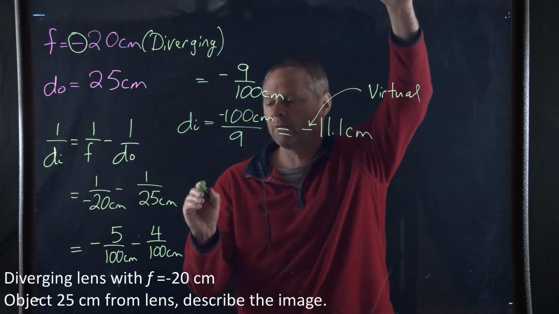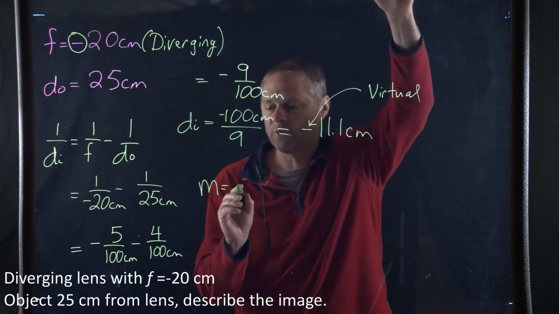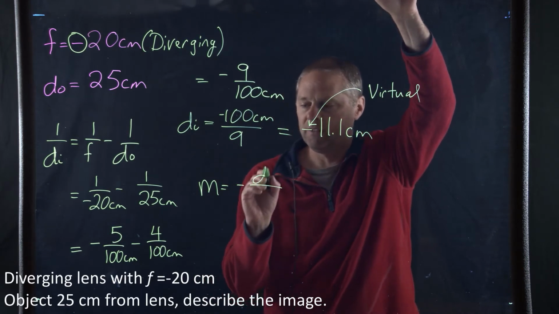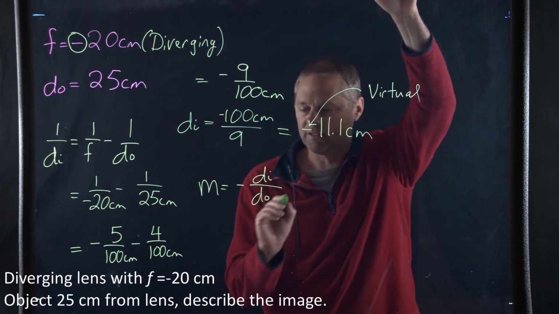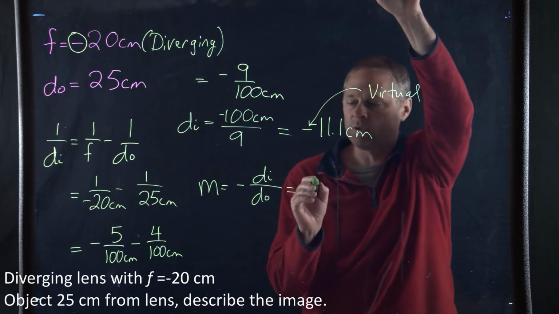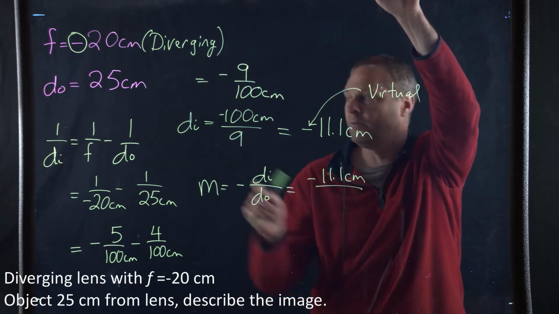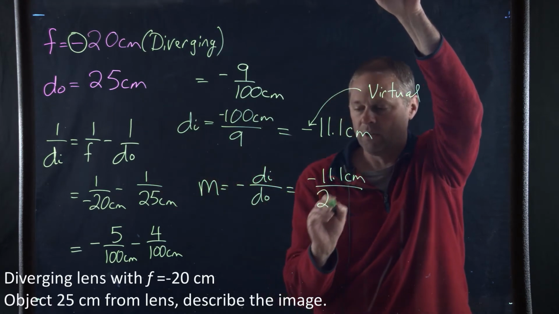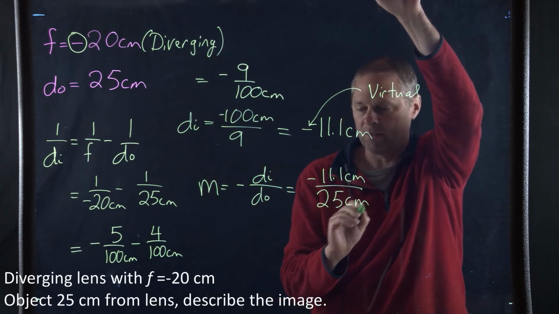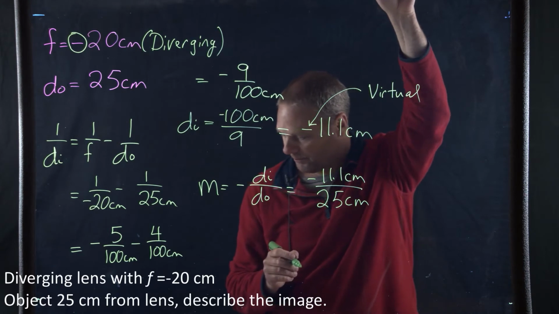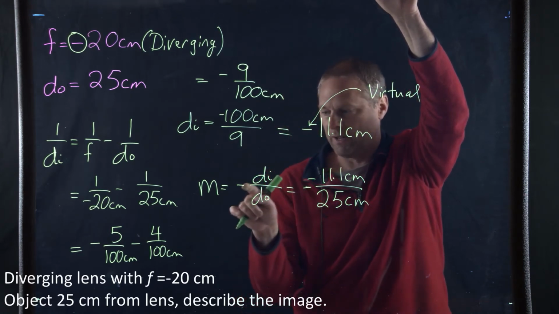Now let's look at the magnification of the image, and that's going to be equal to a negative, the distance of the image divided by the distance of the object, which is equal to a negative 11.1 centimeters divided by the distance of the object, which is 25 centimeters. Now this gives us, oops, I forgot my negative, it's got to have a negative, 2 negatives.